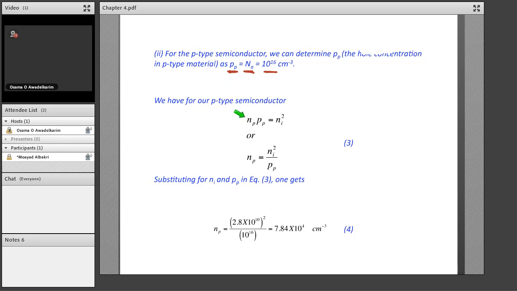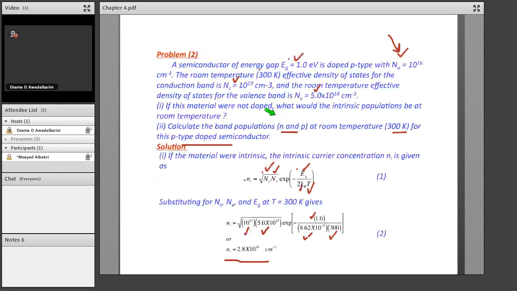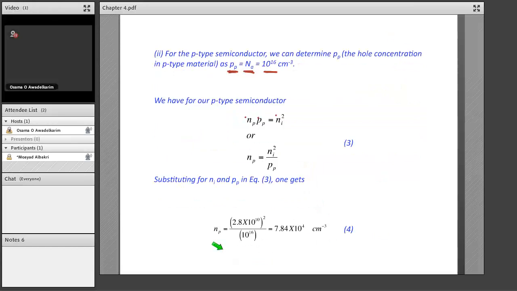Also, we know that N times P is always equal to Ni squared. We have already determined Ni, so we will substitute Ni here, and we have now determined P, so we will substitute 10 to 16 here, and we can determine N as Ni squared over P.